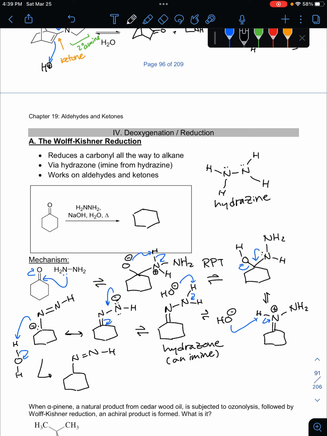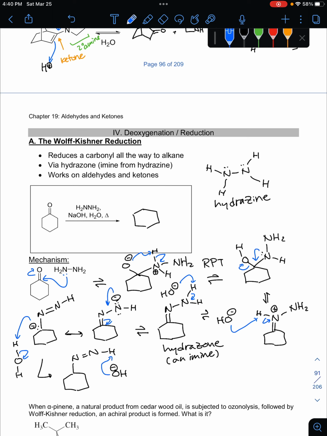We're beginning to see something that is beginning to look like a nitrogen gas, which is a very stable molecule that could evolve away. And so that actually is the driving force here that removes this functional group.